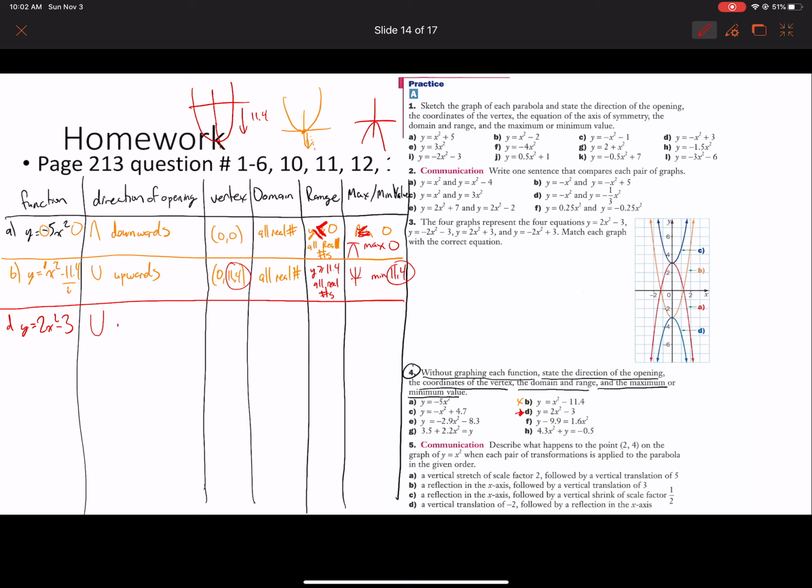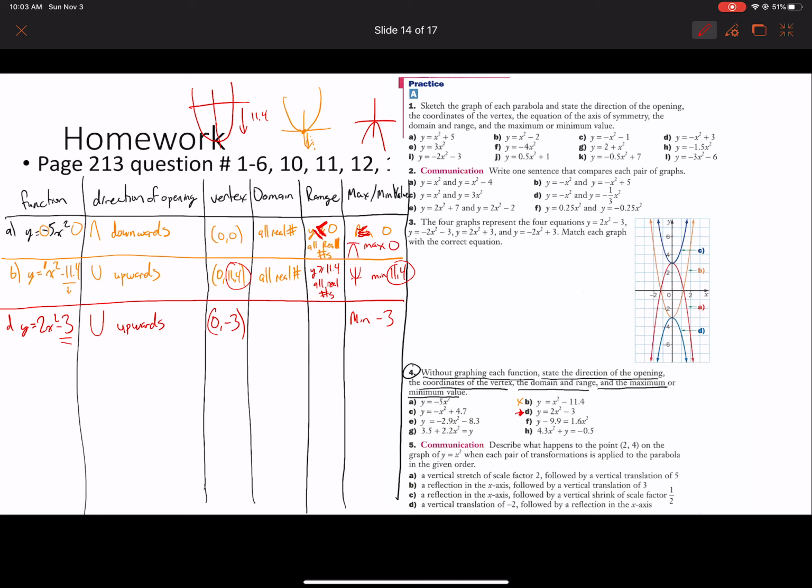Because it's positive, it opens upwards. I know I have a minimum. What's my vertex? It's being shifted down. Base case is 0, 0. It's being shifted down by 3. So it's 0, negative 3, which means my minimum is negative 3.